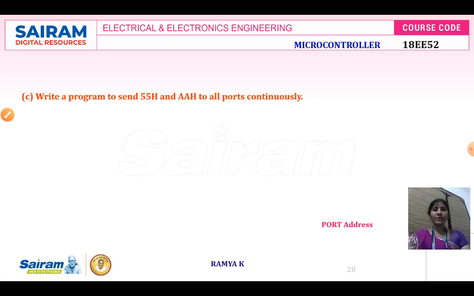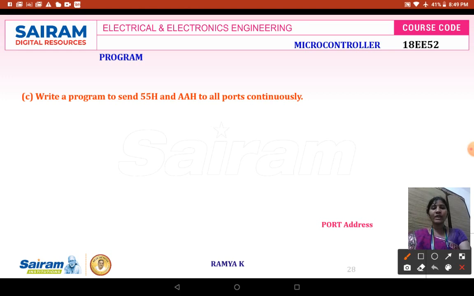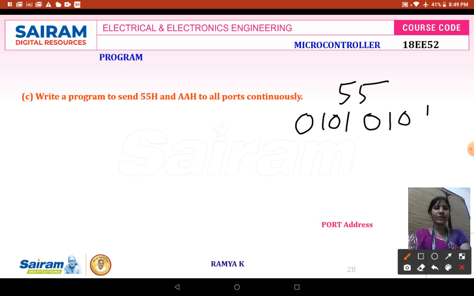Now we will write one program. We need to write a program to send 55H and AAH to all the ports continuously. Suppose you have 55, you consider 55 as data. For 55, in binary you will write it as 0101 0101. For AA to all ports continuously, I need to find the complement of this number 55.